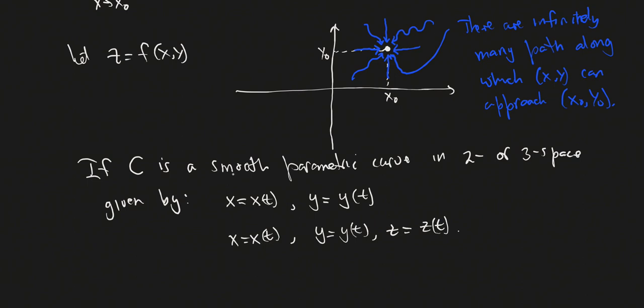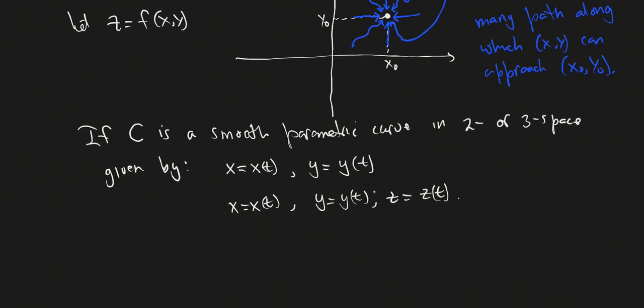Well, if this smooth curve produces the point here, either in 2 space or 3 space, by a certain value of t, so if we have this, and if your point, for instance, x0 corresponds to evaluating my x equation at a specific point like this, and then I'll just go ahead and state it for the 3 variable case.